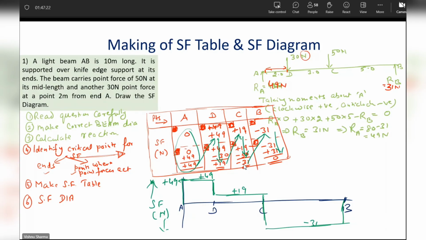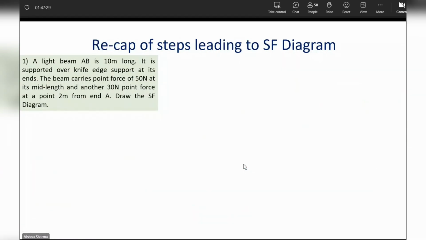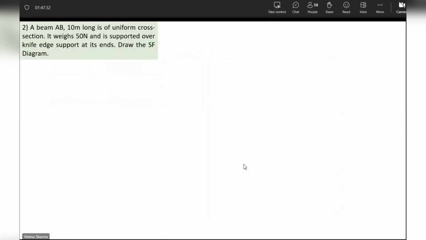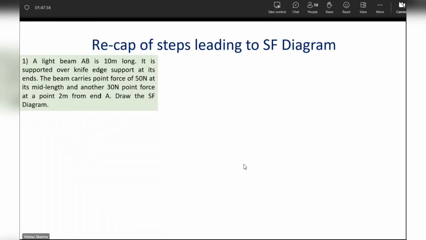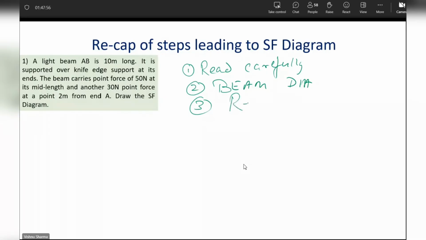So let's see some other questions. Now is the time for you to participate. So, a recap of steps leading to the SF diagram, guys. What is that? Read the question carefully. Then correctly draw the beam diagram. Get the reactions.